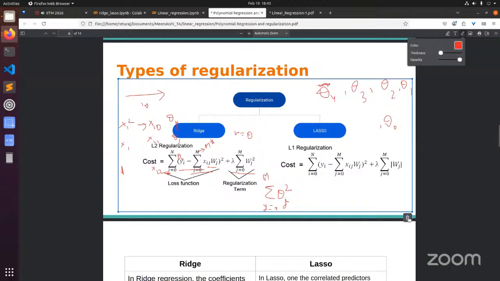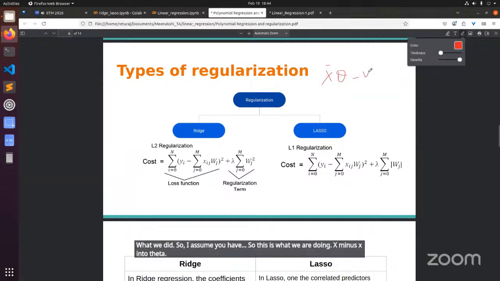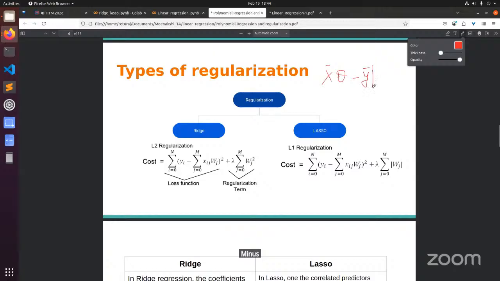So what we are doing is the norm square of x into theta minus y bar, plus lambda times the sum of theta_i whole square, with i equal to 0 to m.